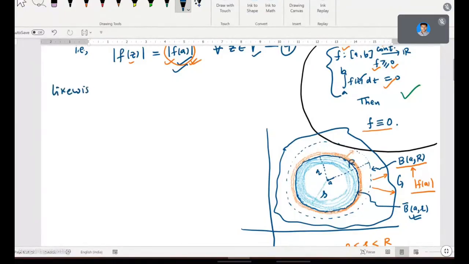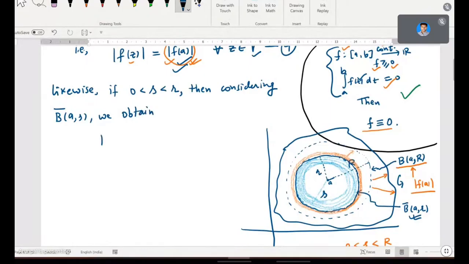Likewise, if 0 is less than s less than r, then considering this, we obtain for all z belonging to the ball, we can say it gamma s.